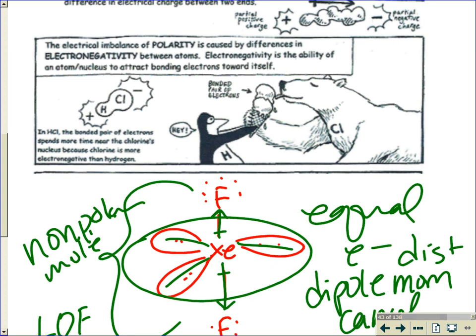Polar covalent bond, and so that creates this differential on where the charges are in the molecule, because in this case, this HCl, there's only one bond, H to Cl. So with that being just a singular bond, it makes not only the bond polar, but it also makes the molecule polar, because we have a partial negative and a partial positive caused by the bond and the geometry. So they both play into this. I'll show you these pictures in a second, okay?